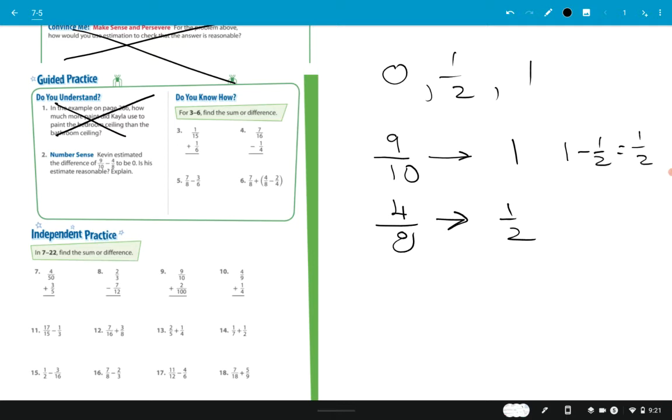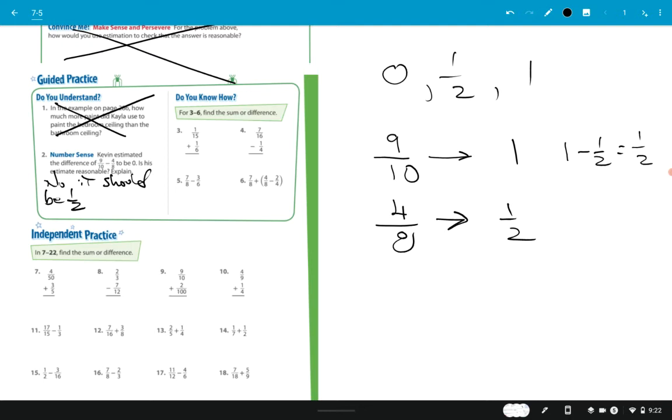He says the estimate is 0. Is that correct? No, that's not correct. So you'd put no. It should be 1/2. And explain, well, I just did.